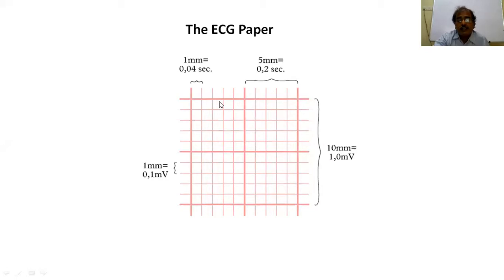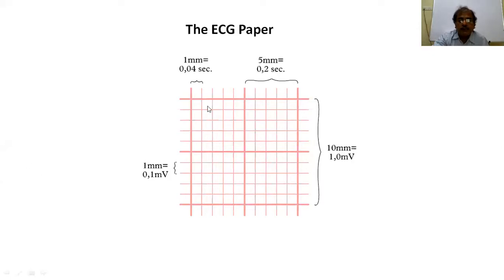When we say the ECG machine is set at 25 millimeter per second, we mean that 1 millimeter is covered over a period of 0.04 seconds. Similarly, one large box, that is 5 millimeters, is covered in 0.2 seconds.